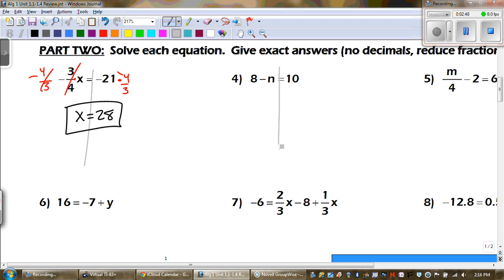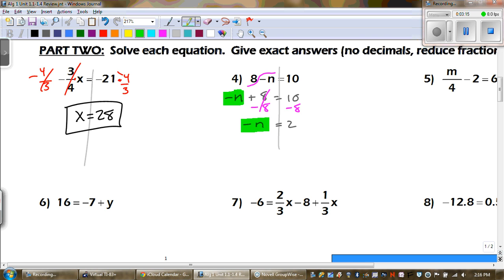Now, in number 4, a lot of you guys had trouble with this in class. To do this, I'm just going to rewrite it. So -n comes out front, and that is a positive 8. That equals 10. Following SADMAP, you subtract 8 from both sides. And remember, don't forget about the -n.